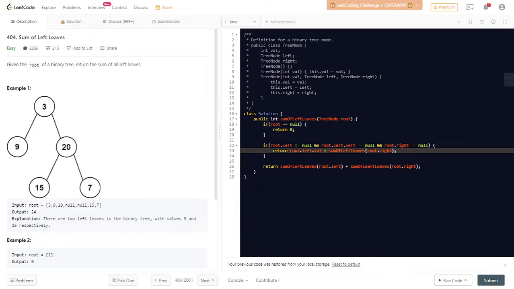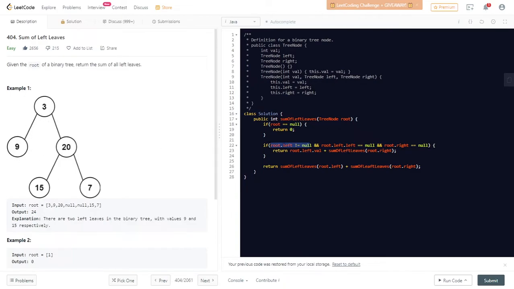So what's going on in this if condition is we are checking if root dot left is not equal to null. Here in this case we have a root, but is there any element on the left part of the root? Yes, there is, so root dot left is not null. We have 9 as the left part of the root.